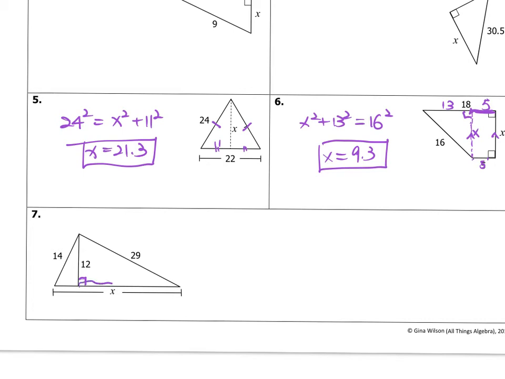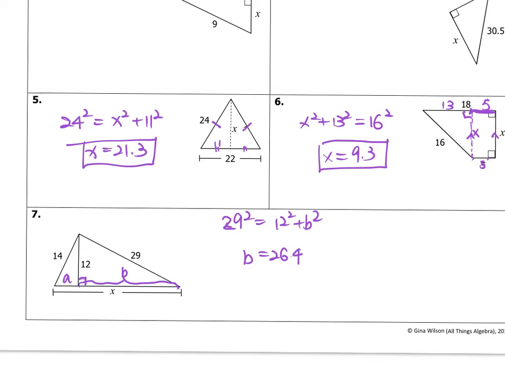So then I know I can solve for this, right? So if I call this side A, I could call this side B. And so if that's the case, let's go for B first. So I have 29 squared should equal 12 squared plus B squared. And B comes out to be 26.4.